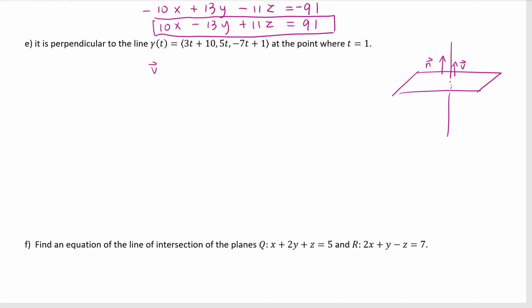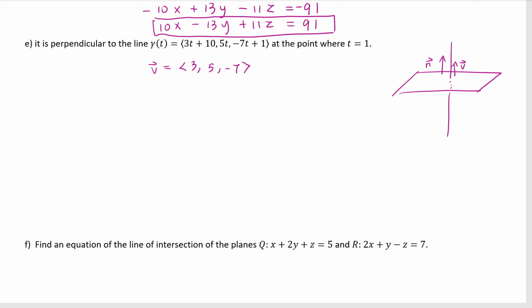Well, the direction of the line is the coefficient of t. The coefficient of t, you see, is 3, 5, negative 7. So far, so good. And the plane actually passes through the line at the point t equals 1.